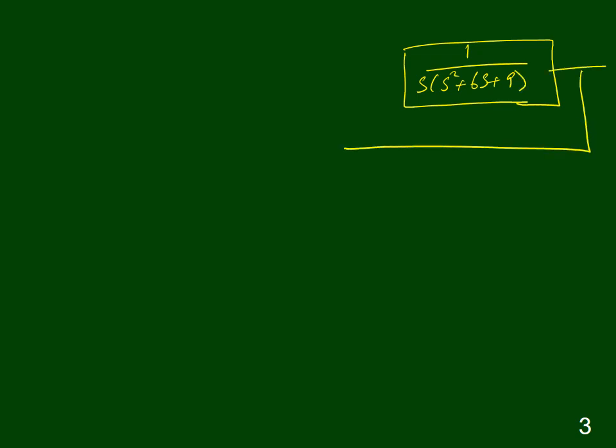Now we can resketch the block diagram like this. Over here we have the plant, the inner loop, which is equal to 1 upon s into (s square plus 6s plus 9), and the feedback loop is K1, and here we have plus and minus.